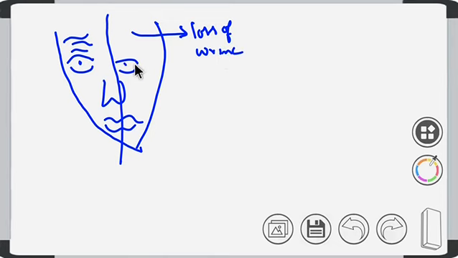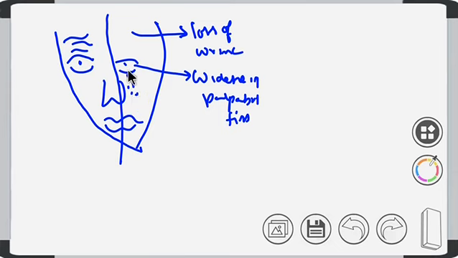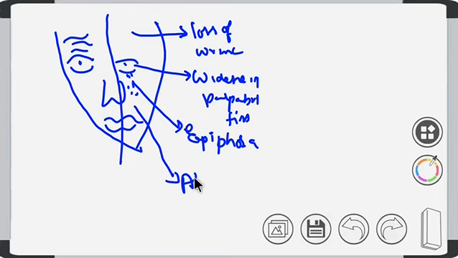Clear? In the eyes, what we can see is widening of the palpebral fissure. And we can also see lacrimation of the eyes. This is called epiphora. Next, there is absence of the nasolabial fold.